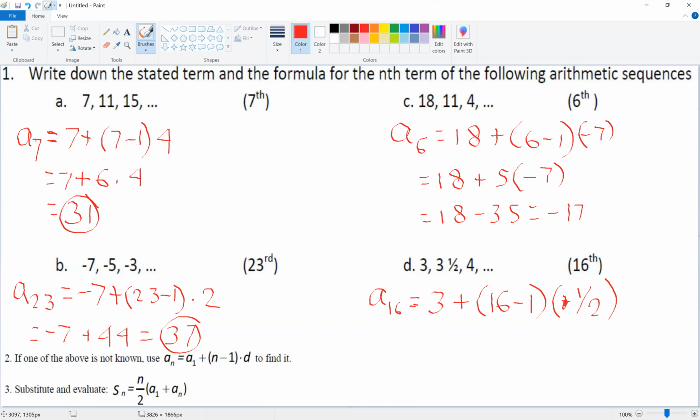And then I just changed the 3 into 6 divided by 2, so then it would be halves, so it would be easier to add. And then I had 21 halves. Is my answer. Or you can say 10.5.